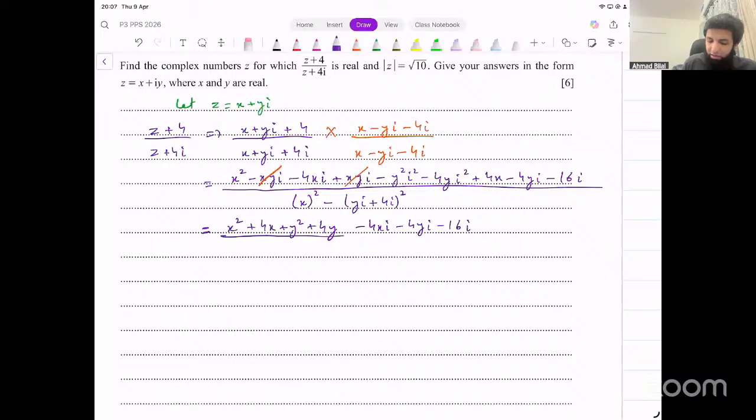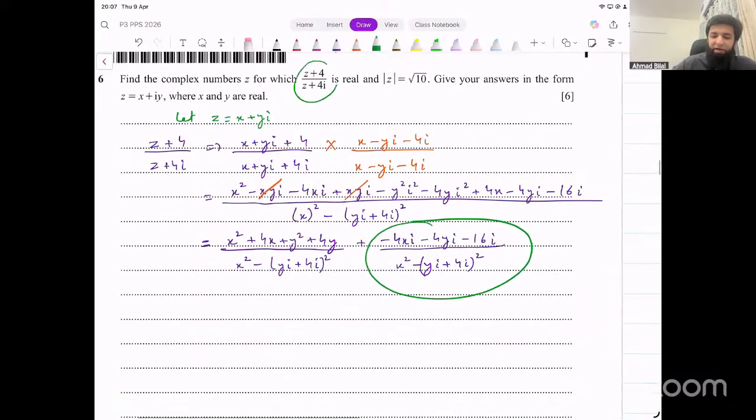The denominator, we can split the denominator, right? Write the real part separate, imaginary part separate. The real part is this over x squared minus y iota plus 4 iota whole squared, and this divided by x squared minus y iota plus 4 iota whole squared. Now this is the imaginary part.